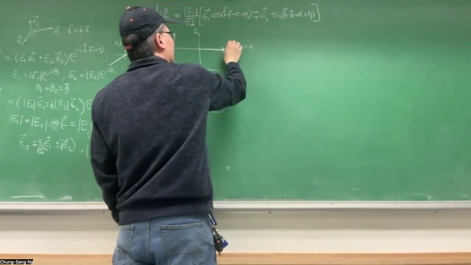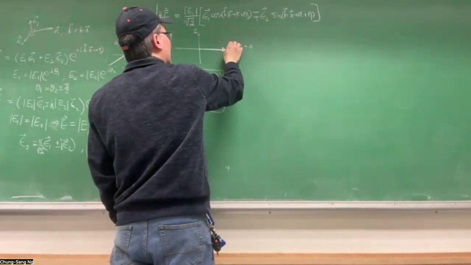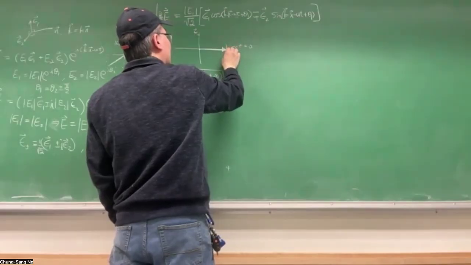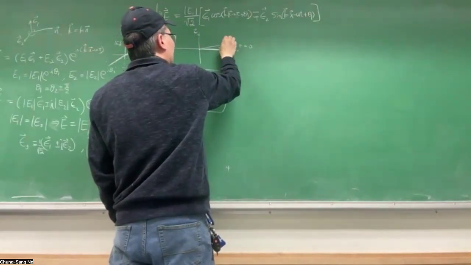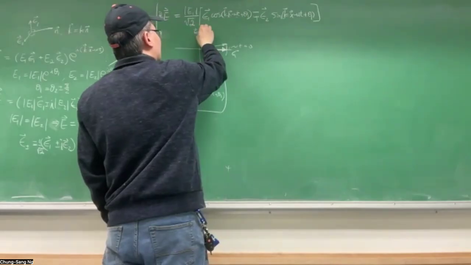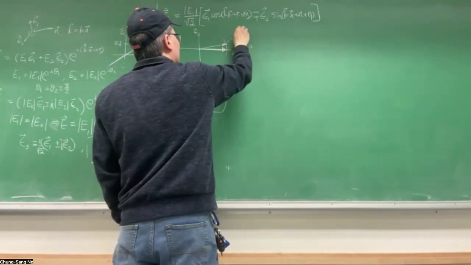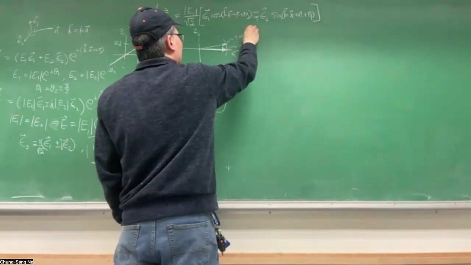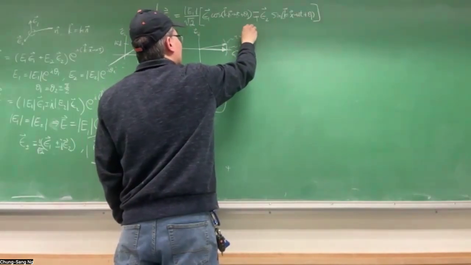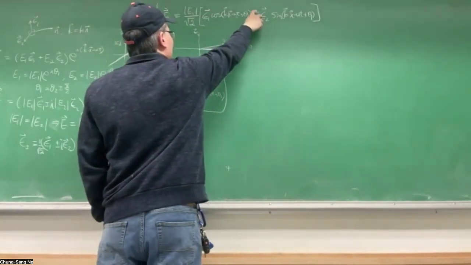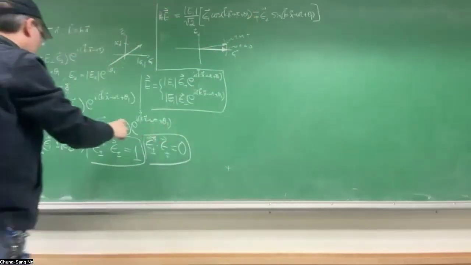Cosine squared plus sine squared is 1. So we move along a circle, but you have a little bit of epsilon 2 component. So this is t greater than 0, but for the plus case, which gives you minus.